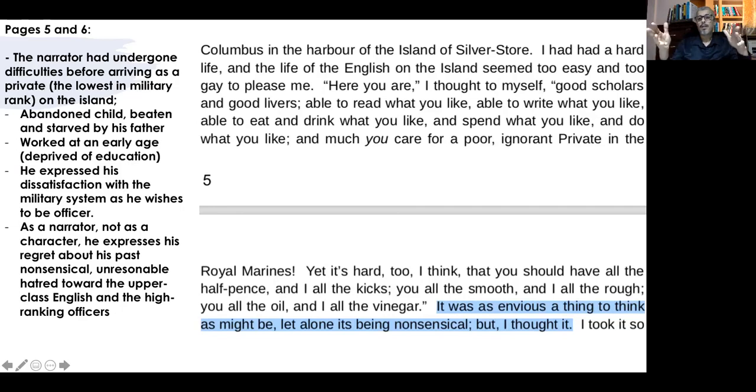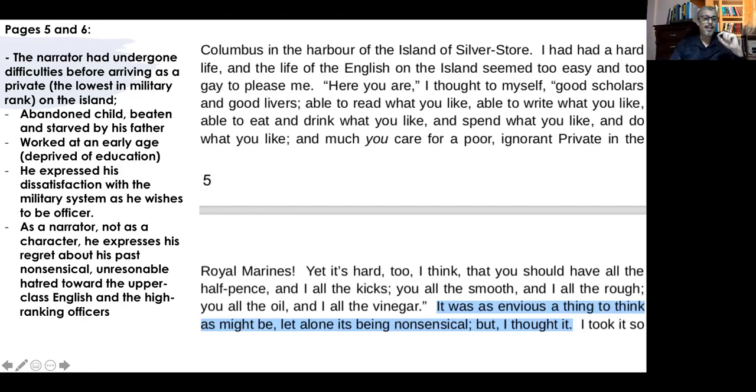Child labor at the time deprived a lot of children of their education. So he expressed his dissatisfaction with the military system as he wishes to be an officer, not a private. A private is the lowest in rank. Why can't he be an officer? Because he is not educated.